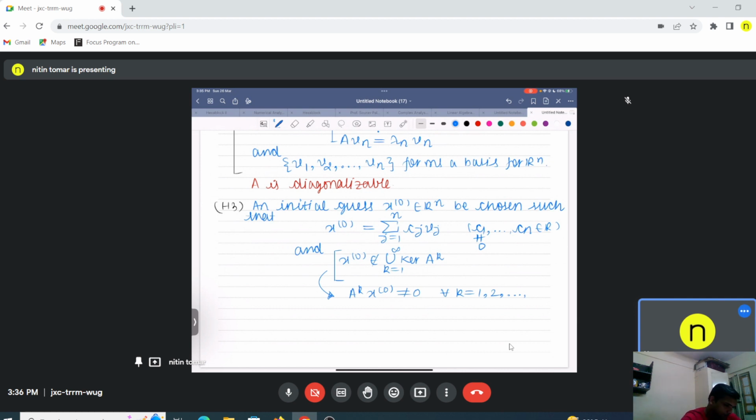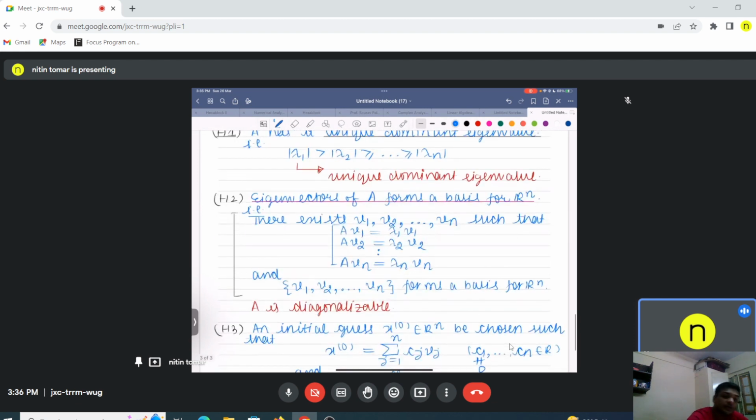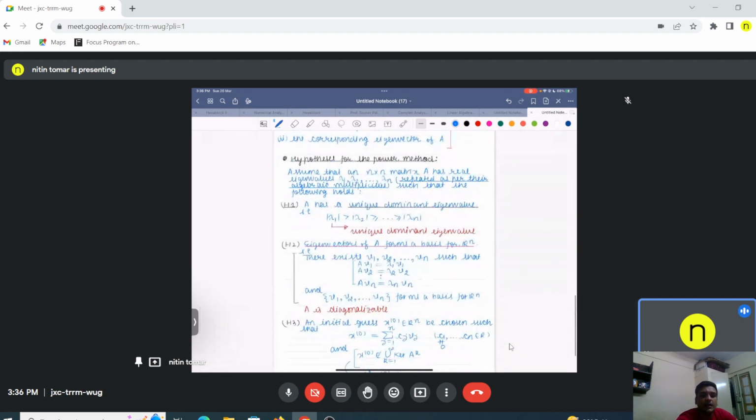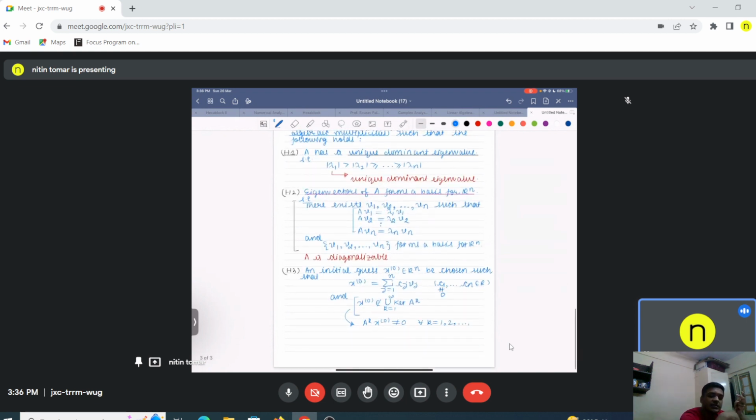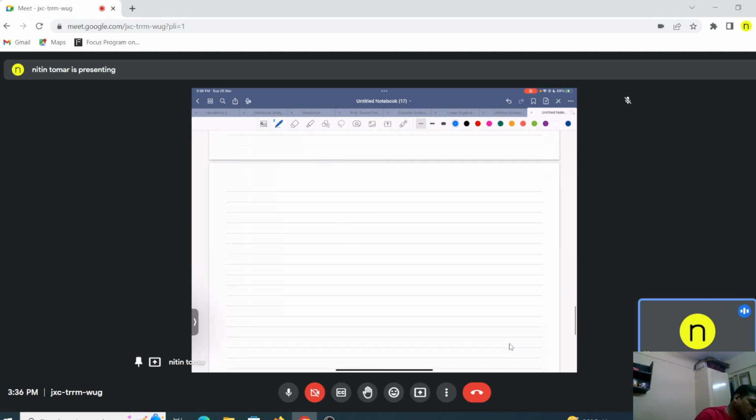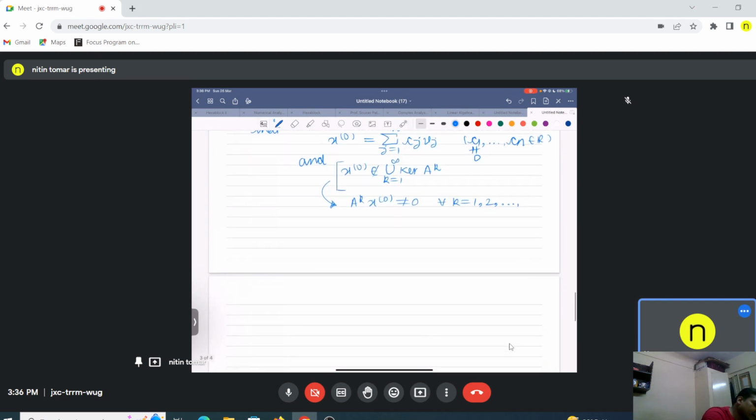So there are three hypotheses. First, a unique dominant eigenvalue. Second, A must be diagonalizable. And third, the initial guess should not belong to the union of kernels of powers of A. Now let us discuss the key idea.